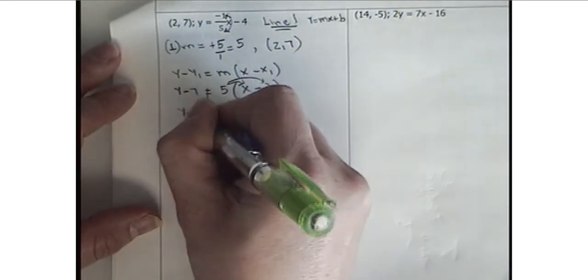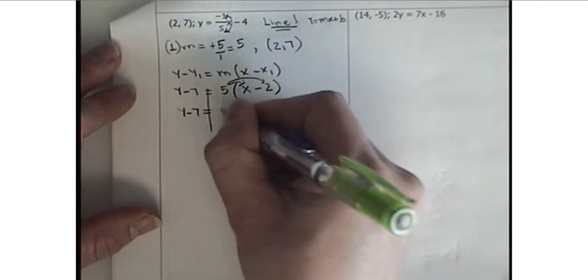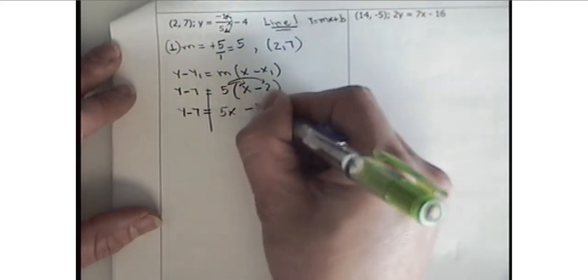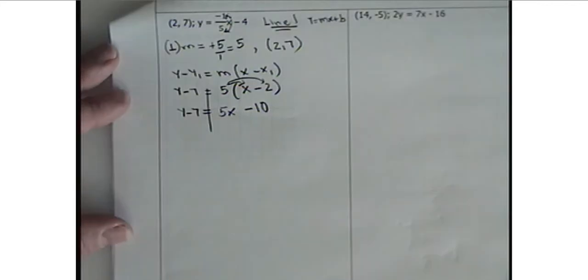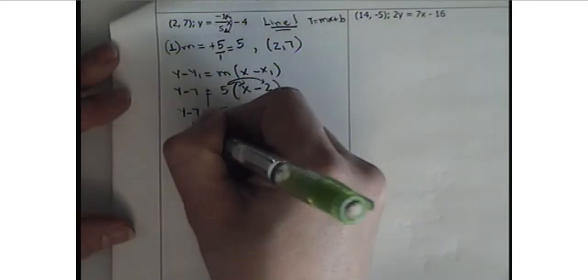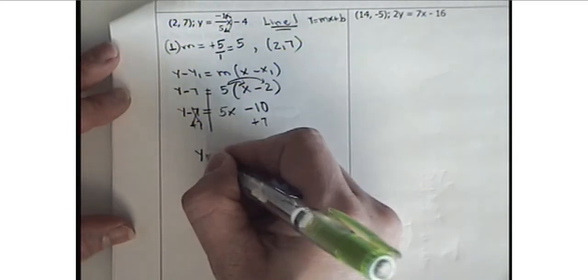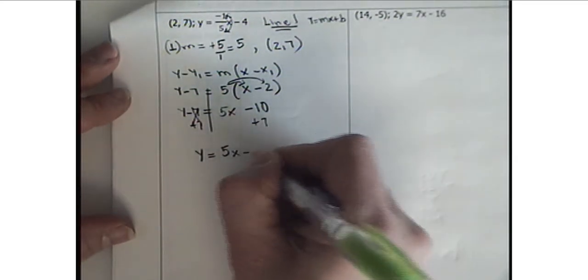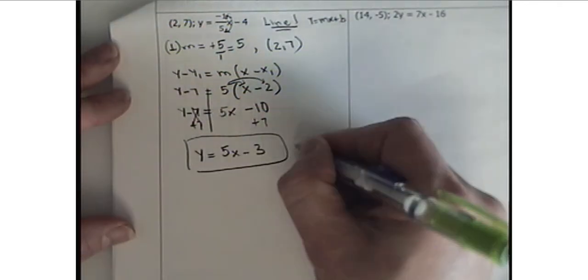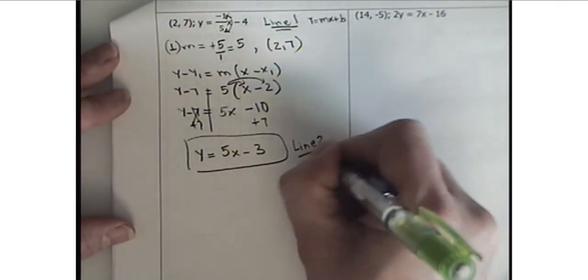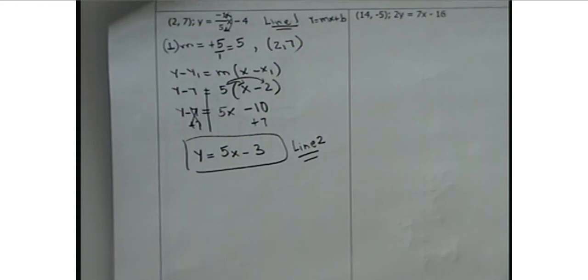So y minus 7 is equal to 5x, 5 times negative 2 is negative 10. One more step here. We're going to add 7 to both sides. Those two cancel, so y is equal to 5x minus 3. That will be line 2, the perpendicular line of my first line given in this problem.